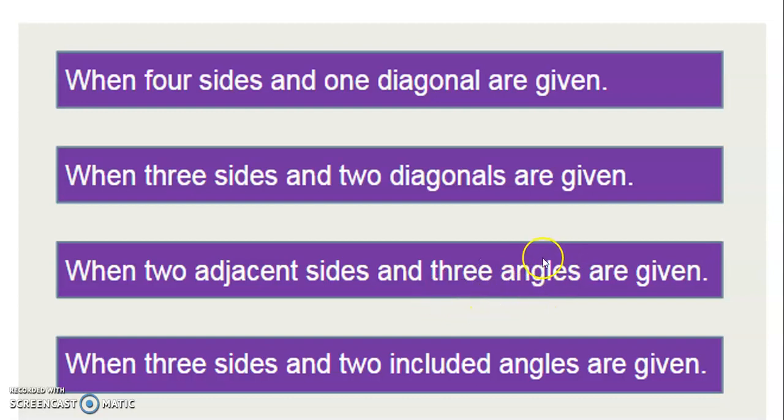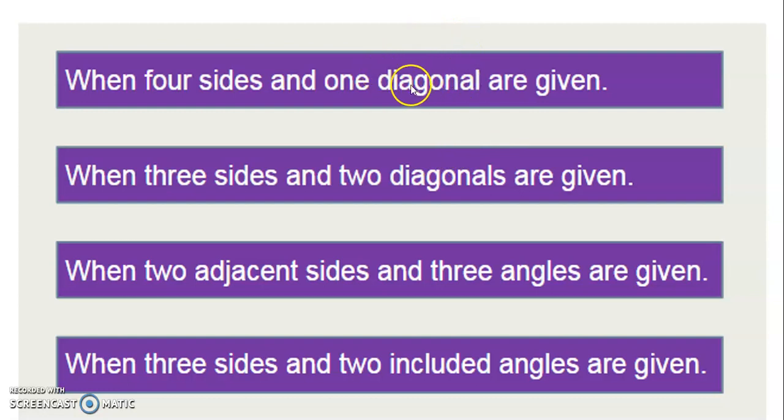Students make errors in these 2 models only, because when angles come, instead of drawing an acute angle, they may draw an obtuse angle, because in the protractor we have 2 scales, an inner scale and an outer scale. You should practice to point the angle in a correct way, whether you should use the inner scale or the outer scale. You will get that knowledge only if you practice more.